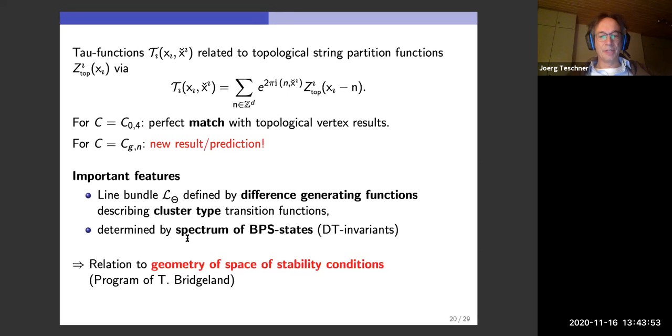So this and other points indicate that there is a relation between this proposal and the geometry of the space of stability conditions, and Tom Bridgeland is running another program in understanding this geometry, associating natural geometric structures to the space of stability conditions, identifying natural potential functions associated to this geometry and so on.